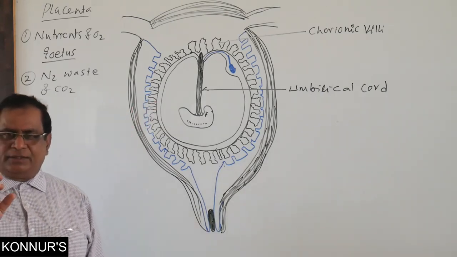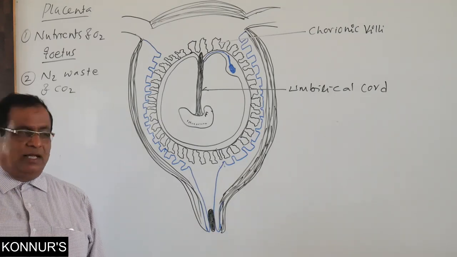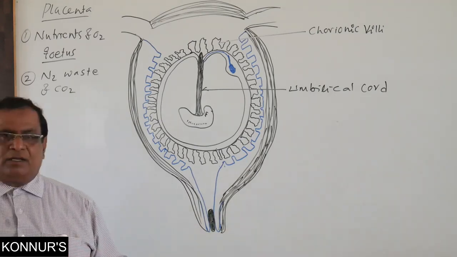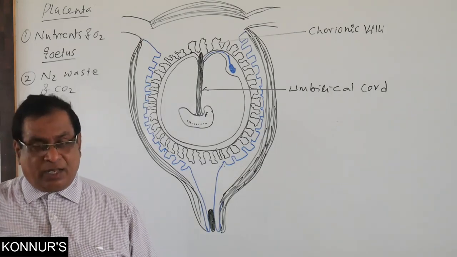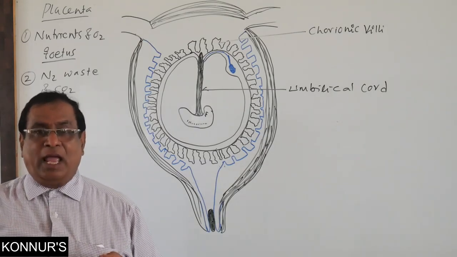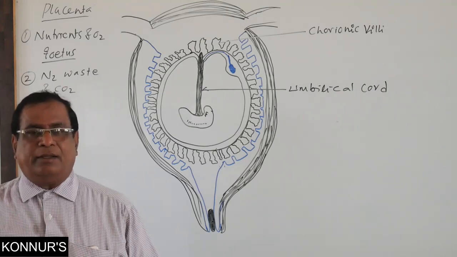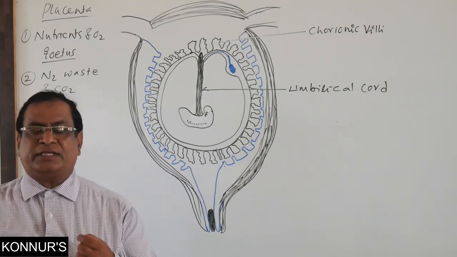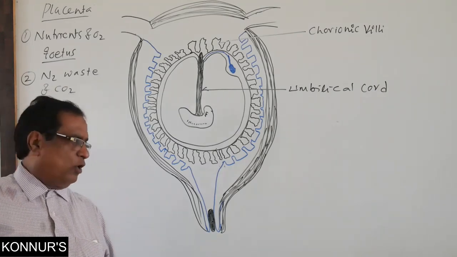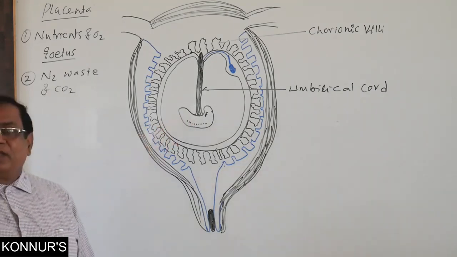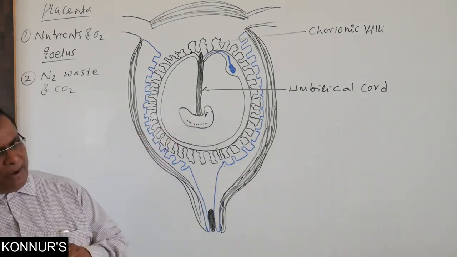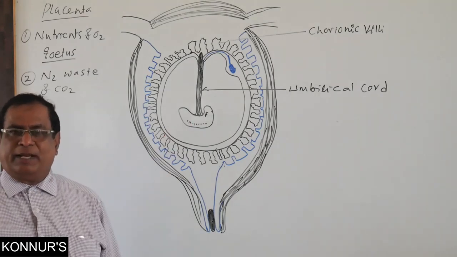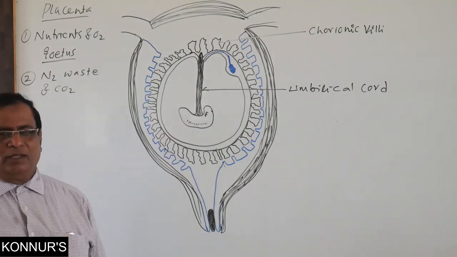Whatever waste is formed in the fetus, like nitrogenous waste such as urea, even traces of ammonia and uric acid, and the respiratory waste CO2, they go back to the mother's blood through the placenta.